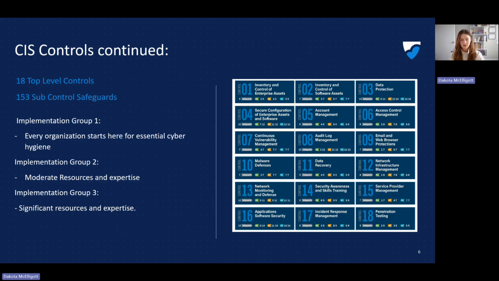If there's any outliers within two and three, also obviously include those. Like, for instance, within implementation group three, that is where Control 18 or pen testing lives. If you have a pen testing environment and program in place, why not include that in your assessment for CIS controls? But that's typically what I would see: organizations work their way through implementation group one, then start two, and then cherry pick from three.